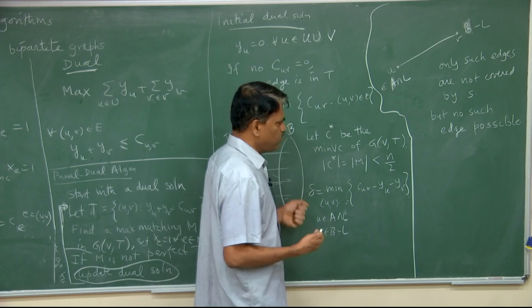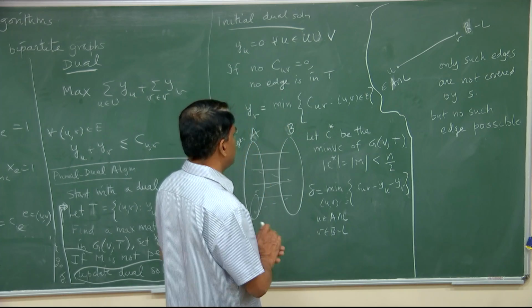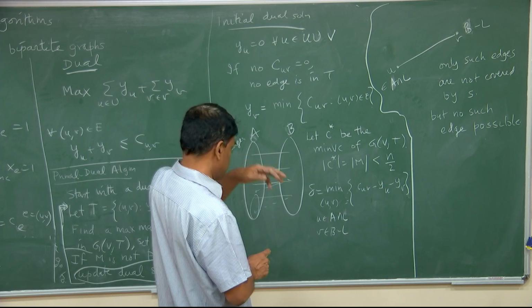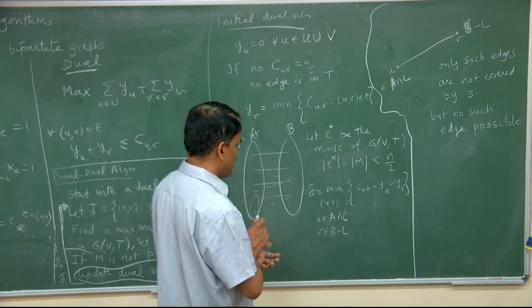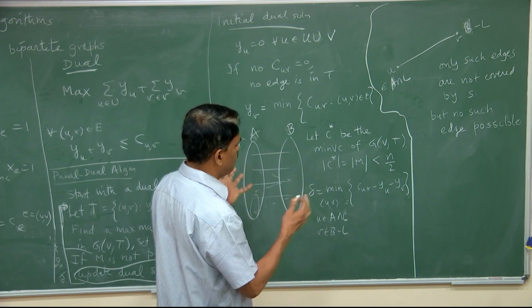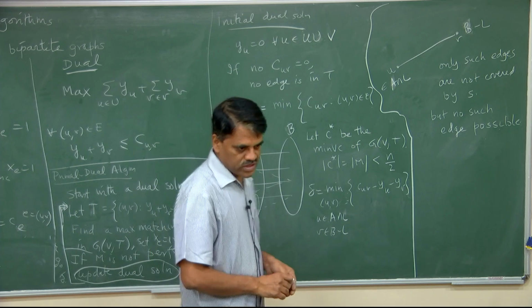I am going to now use this delta. Certain Y_Us I am going to increase, certain Y_Vs I am going to decrease and update, and I want to argue that I have an overall increase in the objective. So what is the increase now?